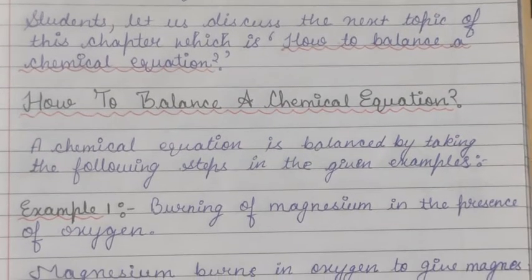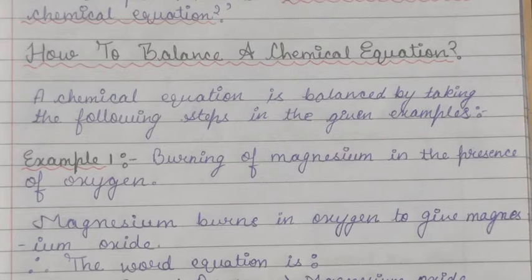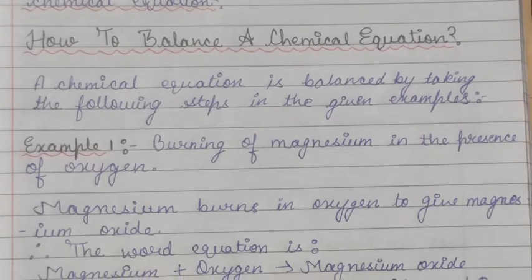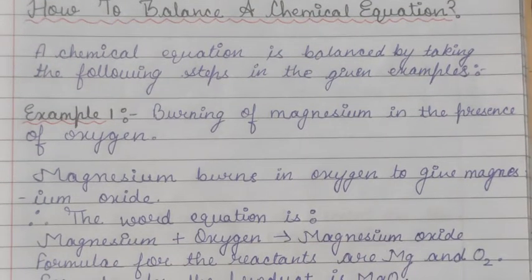So students, magnesium burns in oxygen to give magnesium oxide. Therefore, the word equation is magnesium plus oxygen gives magnesium oxide.